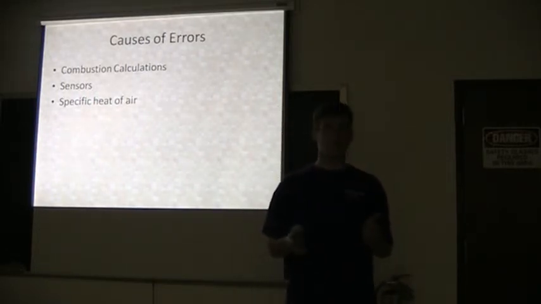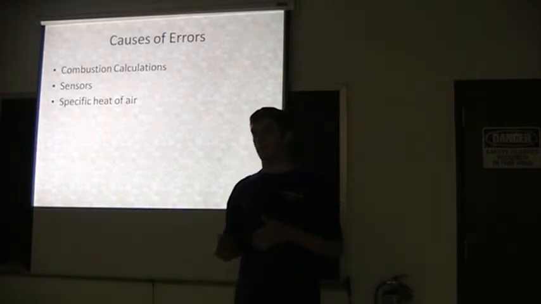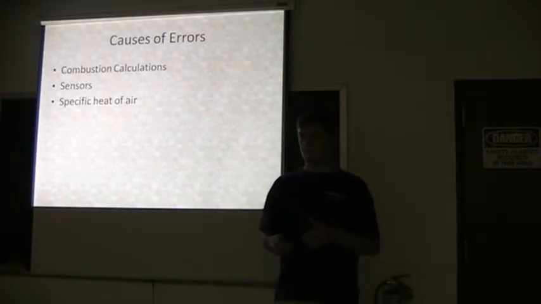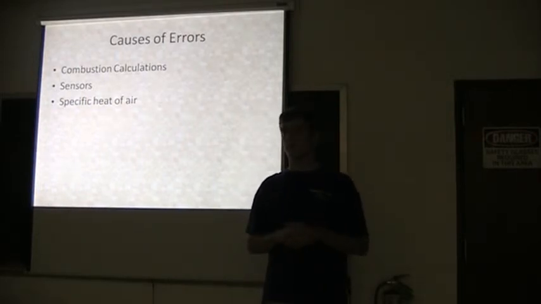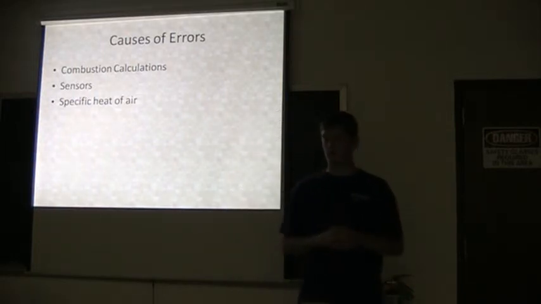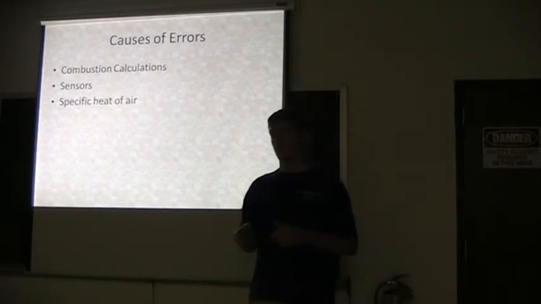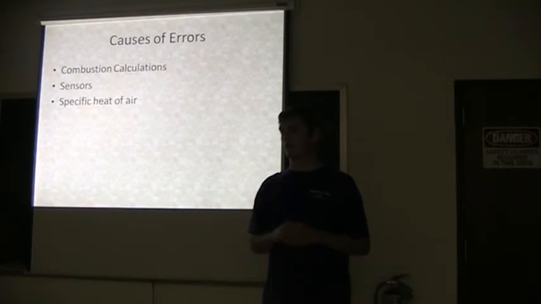There could be hot spots in the turbine or small high pressure regions, which can cause error in our results. Also, in the calculations I used the specific heat of air, which is not entirely accurate. It could be slightly different, considering that it's not only air, it's air and fuel, and that can cause some errors in the results.